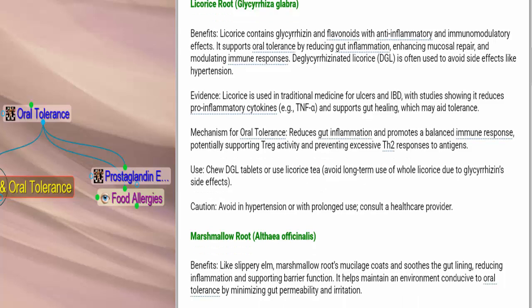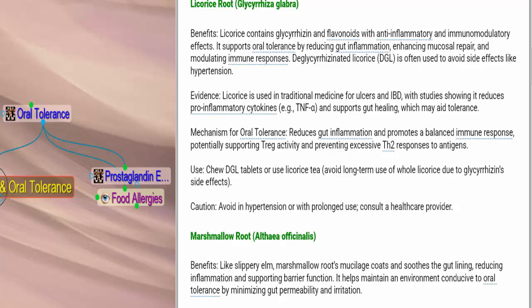But licorice, and that's another one of our tiles. It contains glycyrrhizin and flavonoids with anti-inflammatory and immunomodulatory effects. It supports oral tolerance by reducing gut inflammation, enhancing mucosal repair, and modulating immune responses. Deglycyrrhizinated licorice is often used to avoid side effects like hypertension.